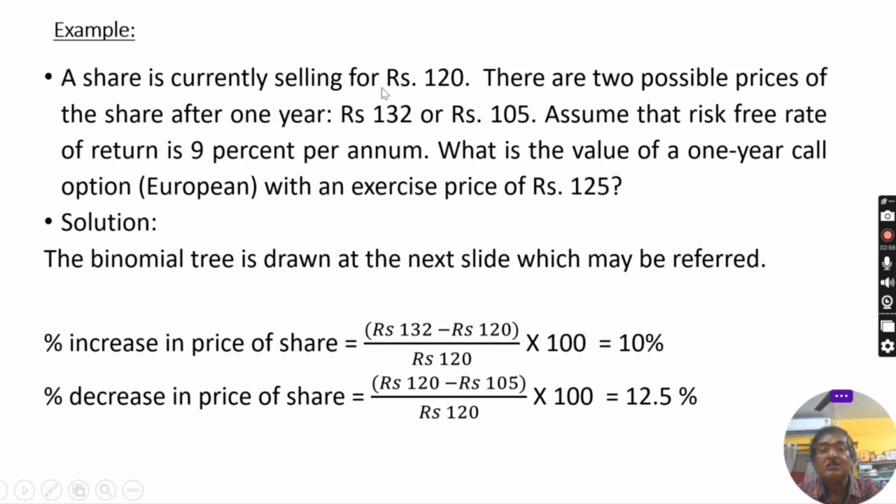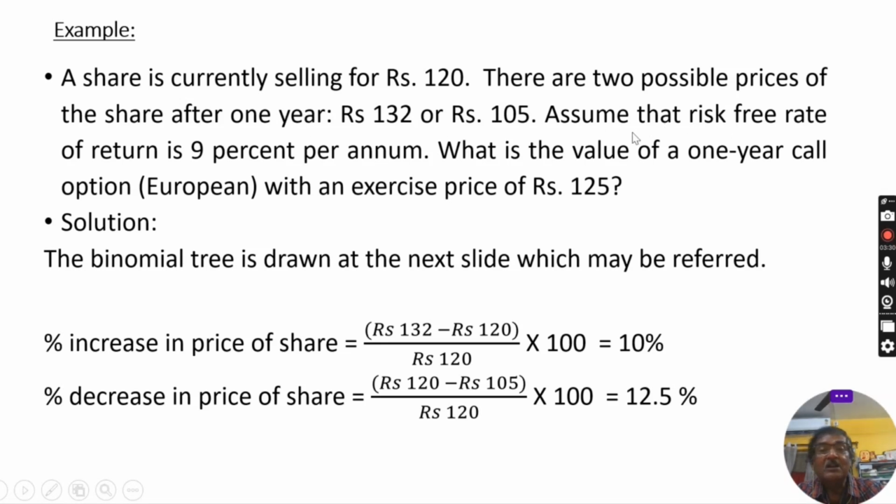That is rupees 132 and another is 105. One is price increasing and another is the price decreasing. The increased price after 1 year will be 132. It is a forecasted value, you can say. And the price will be decreased to this. It is being forecasted after 1 year.